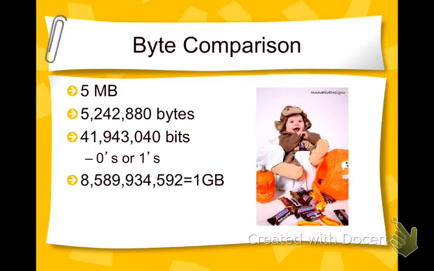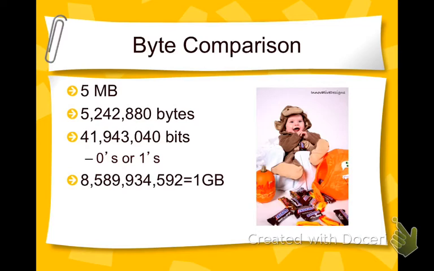Now, if we take those into bits, which is the bytes times 8, you get 41,943,040 bits. That is zeros or ones. That means there's 41 million, almost 42 million zeros and ones that make up that image. That's kind of impressive.